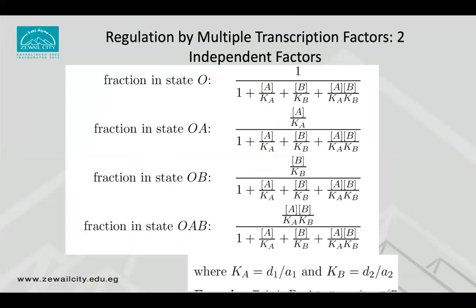Okay, so you have the fraction that's unoccupied, the fraction in which just A is present, the fraction in which just B is present, and then the fraction in which both A and B are present. And then which one of these expressions comes into the rate, which ones we add together to get the rate, and which ones are active. So that depends on whether having these factors there is repressing or activating.